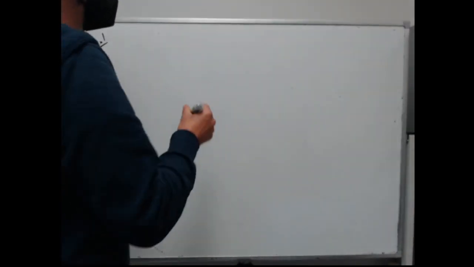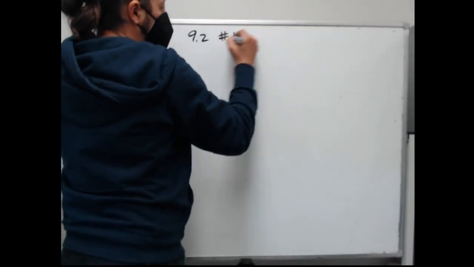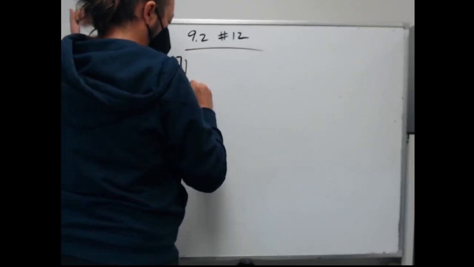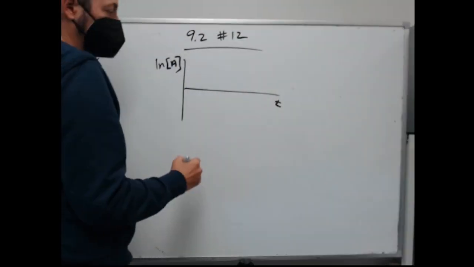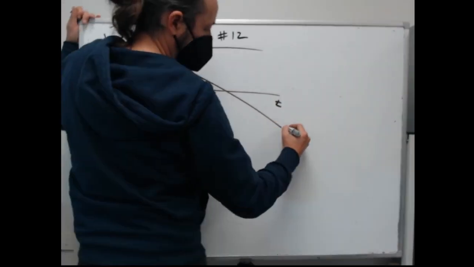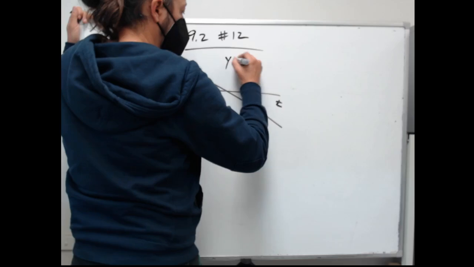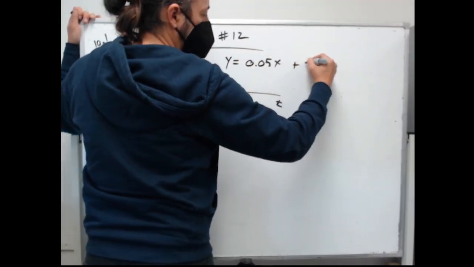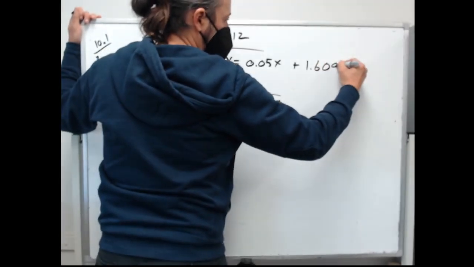So what do we got for 9.2 number 12? I know it's a graph one. It gives you a graph of natural log of A versus time. And the equation for the graph is y equals negative 0.05x plus 1.6094.